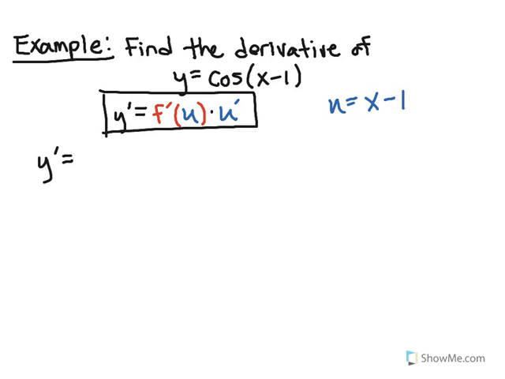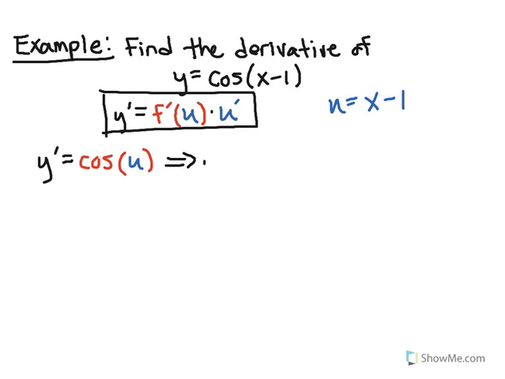And I'm going to rewrite this function as cosine of u, and actually I'm going to make this in red since this is my outside function, cosine of u, just like that.